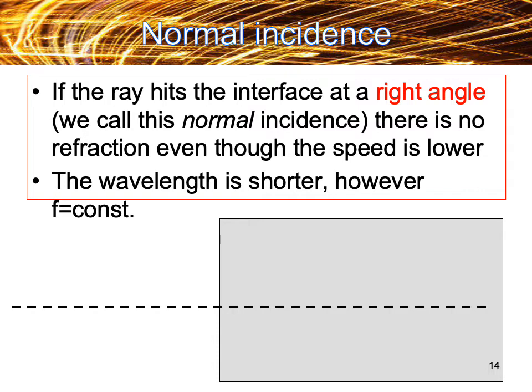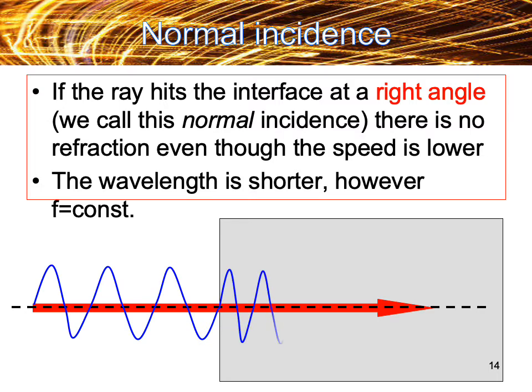Right. Well, this refraction doesn't happen when the ray hits the interface at a right angle. What happens in this case is only the shortening of the wavelength. Why does this happen?